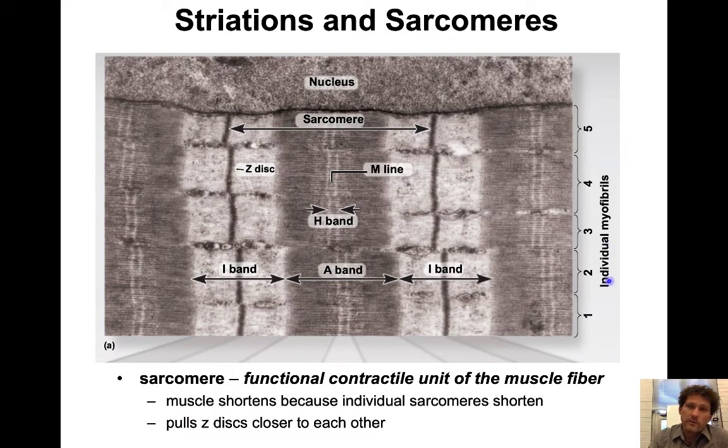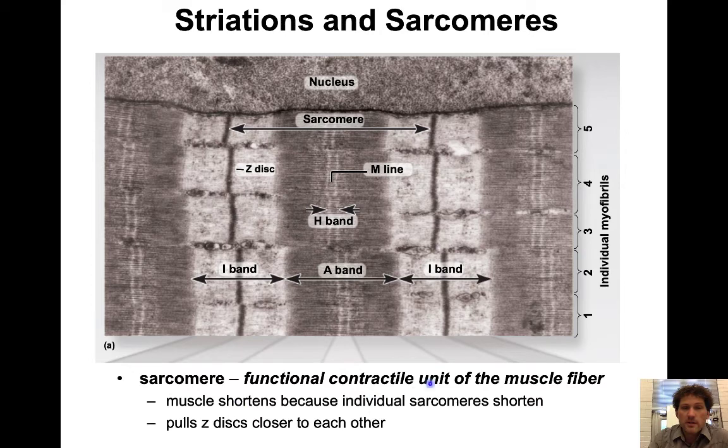Over here on the right, we can see individual myofibrils within that one muscle cell. And then we have these sarcomeres that run from one Z disc to another Z disc.